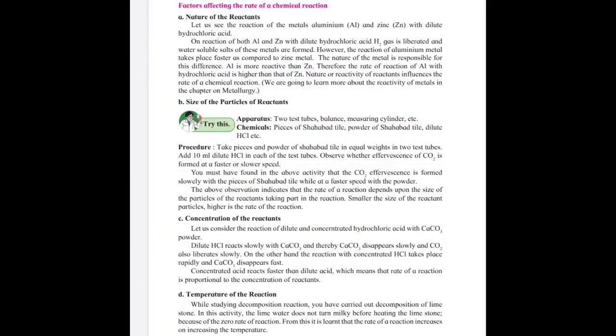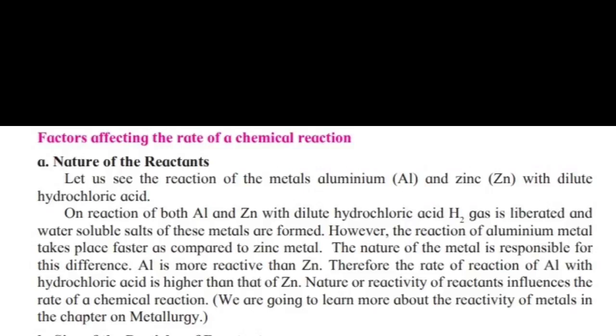Let us study the factors affecting the chemical reaction now. First, nature of reactants. Let us take example of aluminium and zinc. On reaction of both aluminium and zinc with dilute HCl, hydrogen gas is liberated and water-soluble salts of these metals are formed.